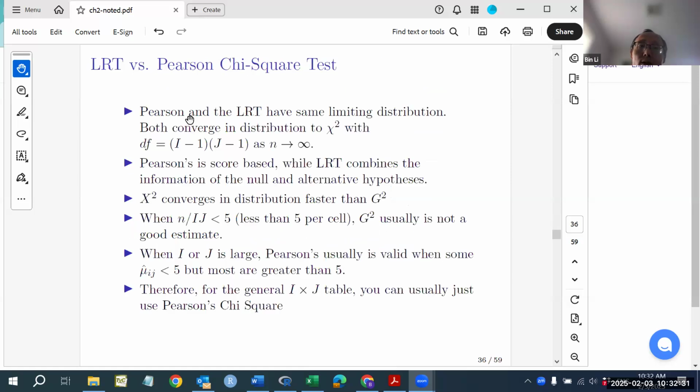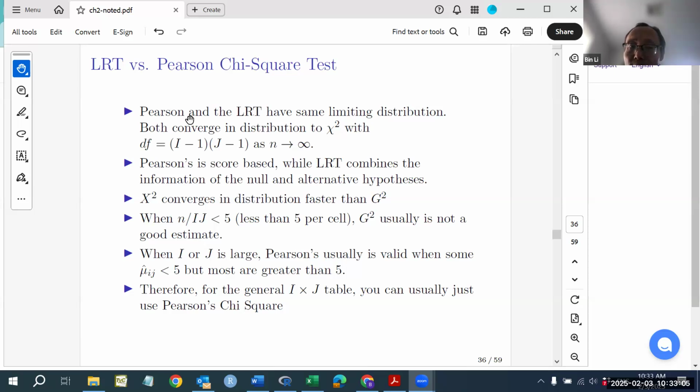So we talked about the likelihood ratio test and Pearson's chi-square test. We test independence on contingency tables. Comparing these two tests, they both have the same limiting distribution.